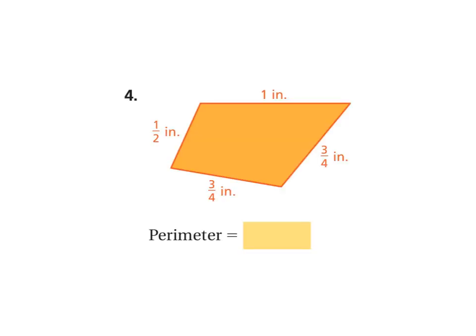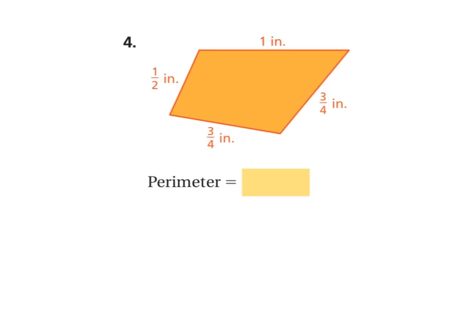Alright, so if anybody asks you how to solve perimeter, what are you going to do? You're going to add up all of the outside of the shape. So, 1/2 plus 3/4 plus 3/4 plus 1. Now, this one's the last tricky one because you have fractions.